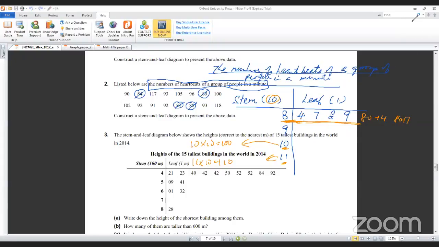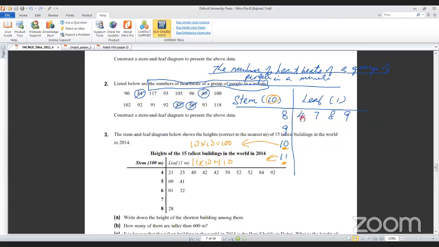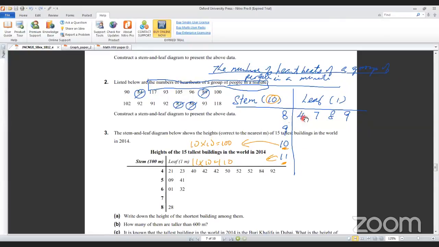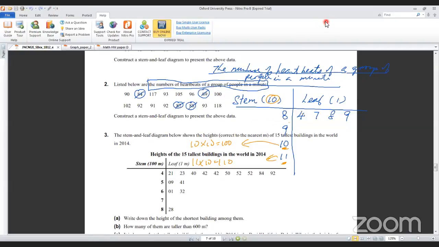Therefore, it is easy for people to look. I have a data which is 84, I have a value which is 87, 88, and then 89, like that. This is the purpose of using a stem and leaf diagram.